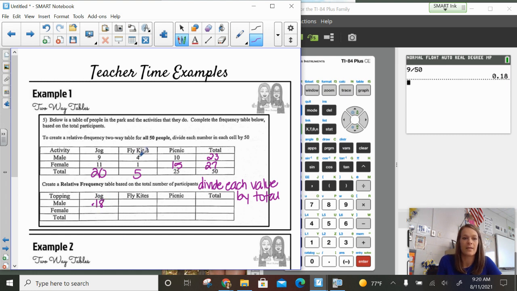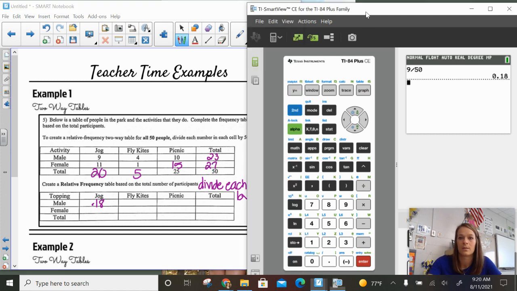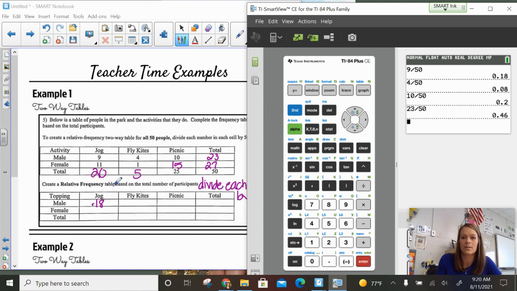You can either go down or keep going across. It doesn't matter. You just take every number and divide by 50. So my next thing will be 4 divided by 50, 10 divided by 50, 23 divided by 50. Those all go across the top.